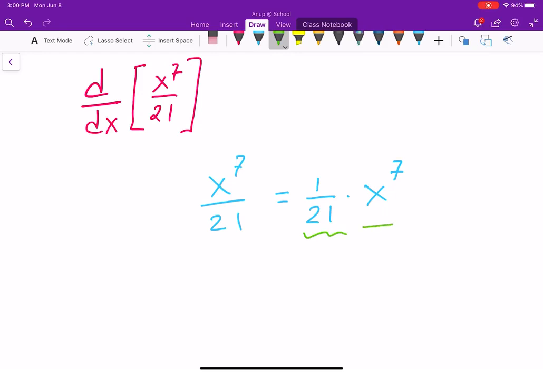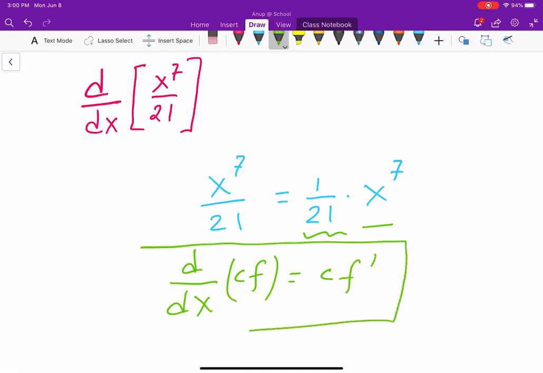So we can use the constant multiple rule, which says if you have a constant multiplied by a function, then the derivative is the constant written as it is, multiplied by the derivative of the function f.